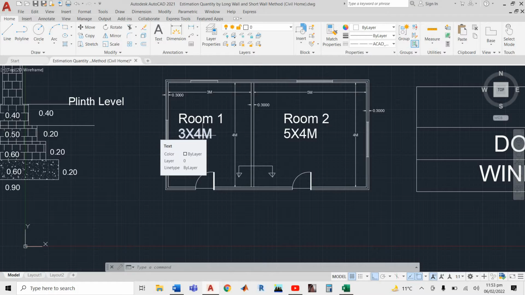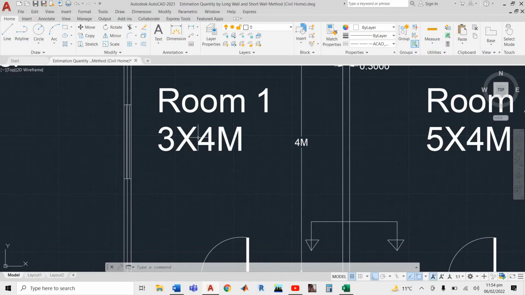In the next episode I will upload more rooms with kitchen, veranda, bathroom, and show how we can find it by the long wall and short wall method. And in the episode after that I will show how we can find multiple rooms, kitchen, veranda by the center line method. So now let's start. The only difference is in dimension.